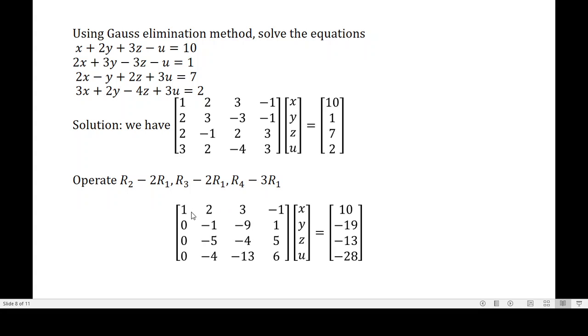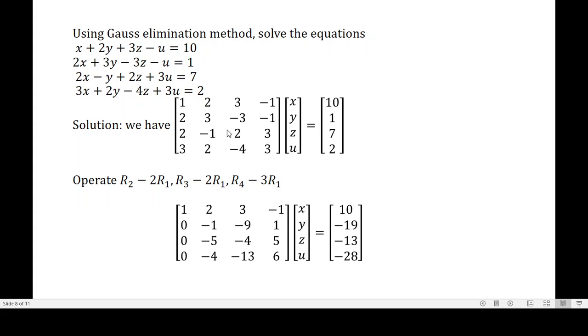So the first row of the matrix is 1, 2, 3, minus 1 and 10 on the right hand side. R2 minus 2 R1 gives 2 minus 2, 0. 3 minus 4 is minus 1, minus 3 minus 6 is equal to minus 9, minus 1 plus 2 is equal to 1, 1 minus 20 is equal to minus 19.